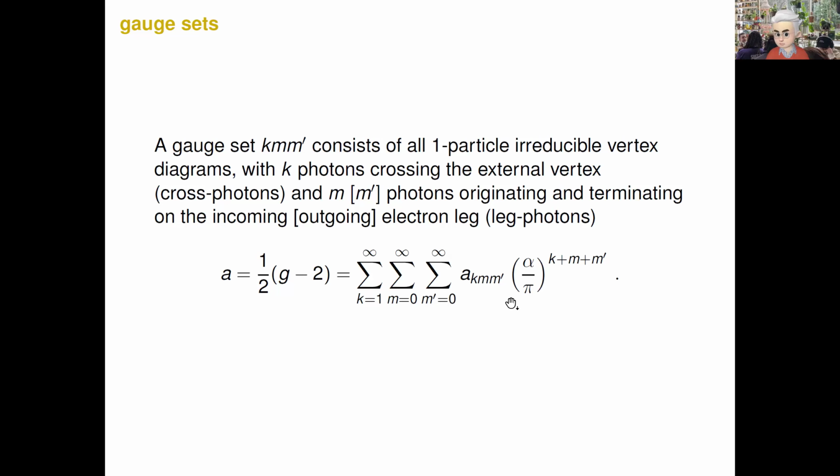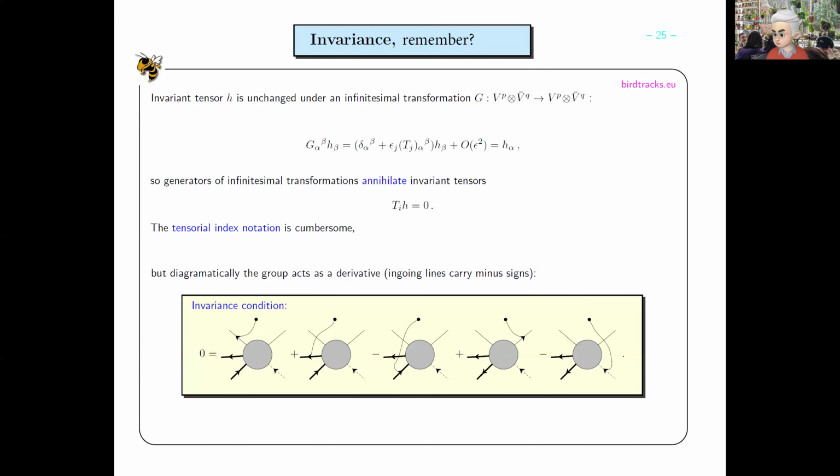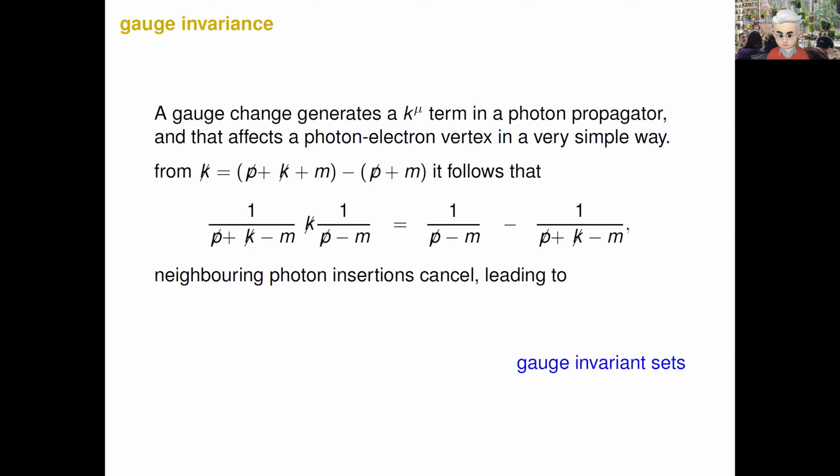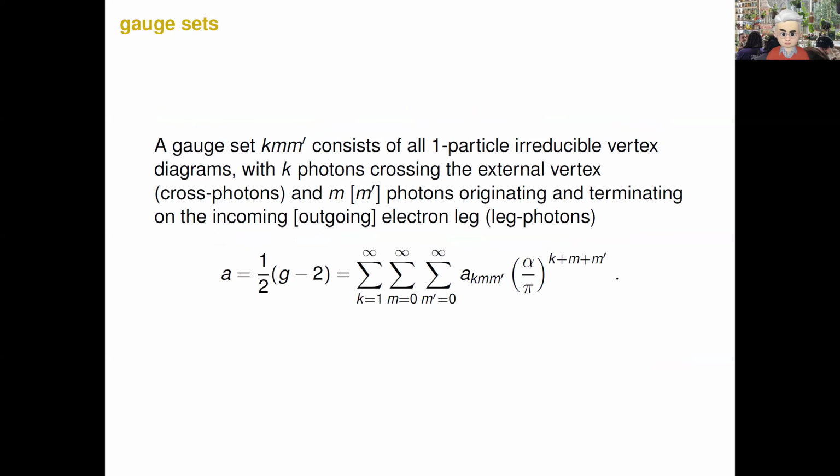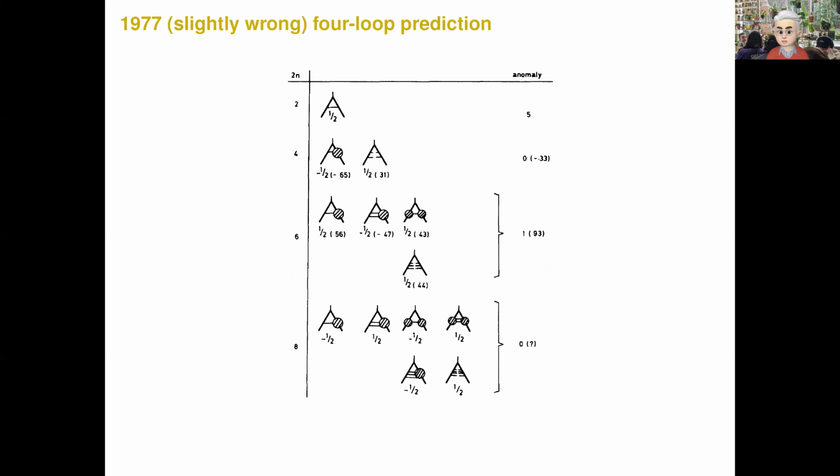So each one of these numbers, using this, one proves is gauge invariant. And now you look at values of gauge invariant sets, and what do you find? Schwinger has this number. Now, the rule is that you just count how many photons cross.